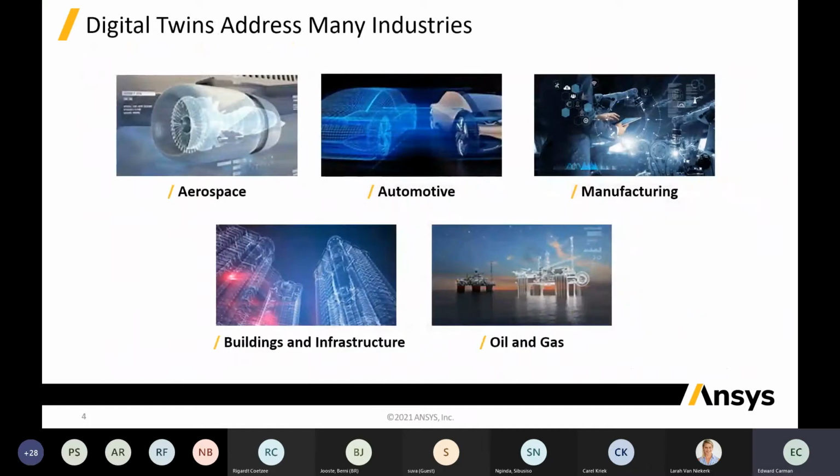We see digital twins across many industries. We've mentioned aerospace with maintenance on jet engines. The automotive industry has interest both in improving their production processes and in looking at things like fleet or vehicle maintenance. We're looking at manufacturing, where we might again be optimizing production, speeding up commissioning, even improving safety, and buildings and infrastructure.